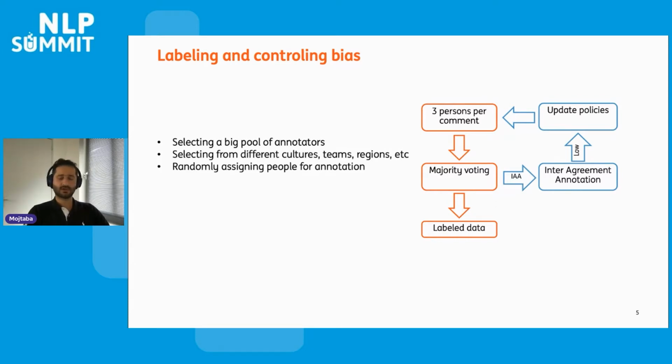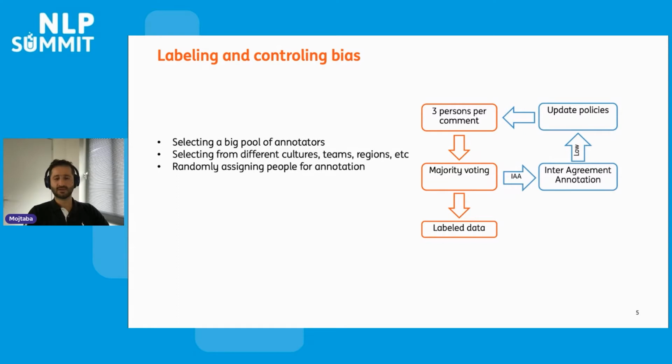Each comment was annotated by three annotators, and we did a majority vote to label each comment. After this exercise, we calculated IAA, inter-annotator agreement, to see the agreement between our annotators.